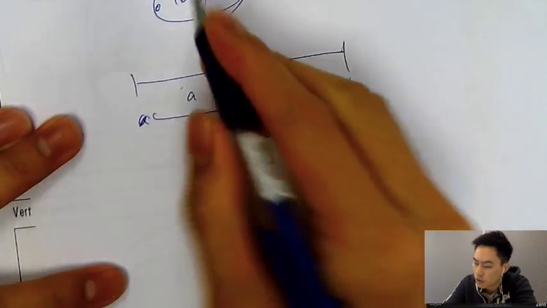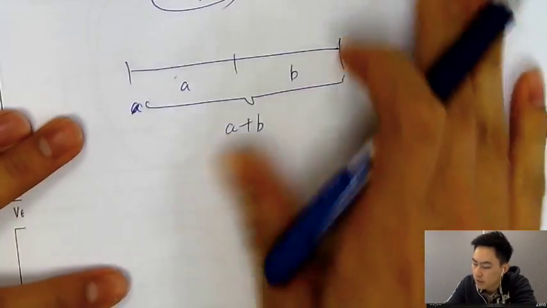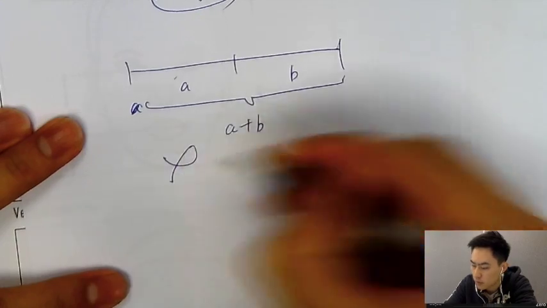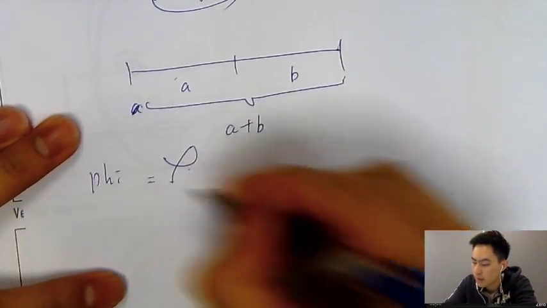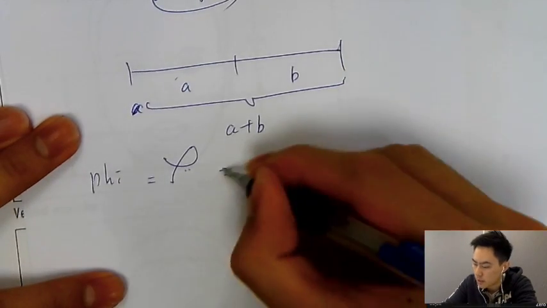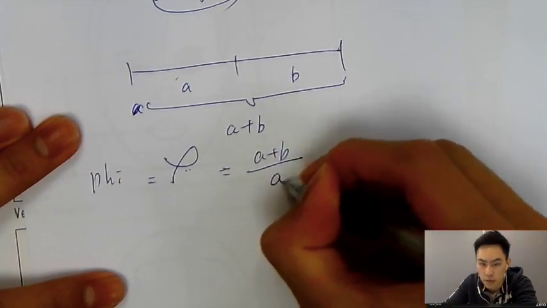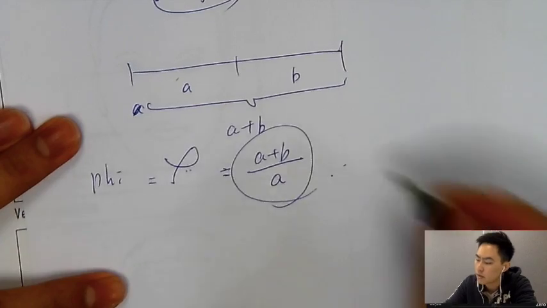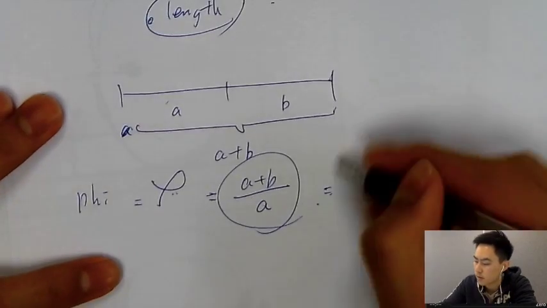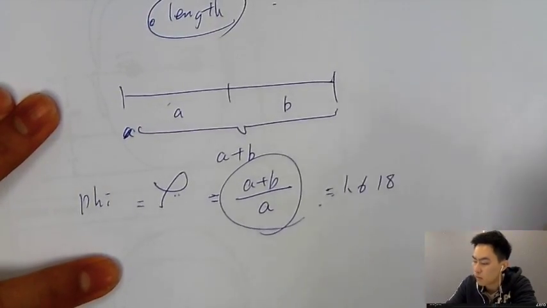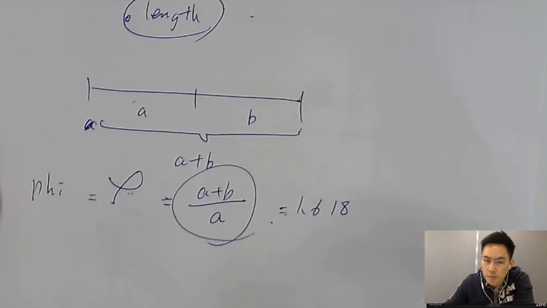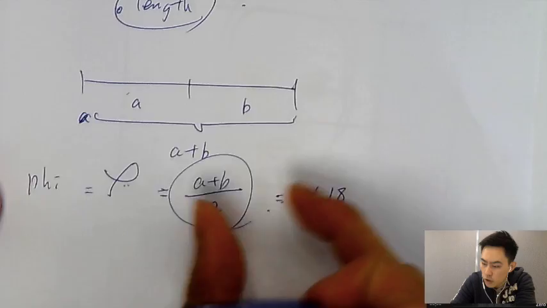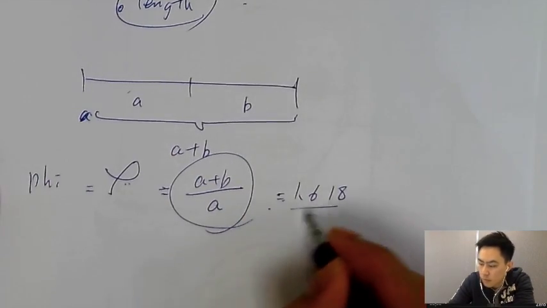So the golden ratio, 1.618, is defined as, with this as the symbol of the golden ratio, phi, phi equal to (A plus B) over A. So this ratio is 1.618, and this is called the golden ratio. The concept is one distance over another distance, and then you have 1.618.